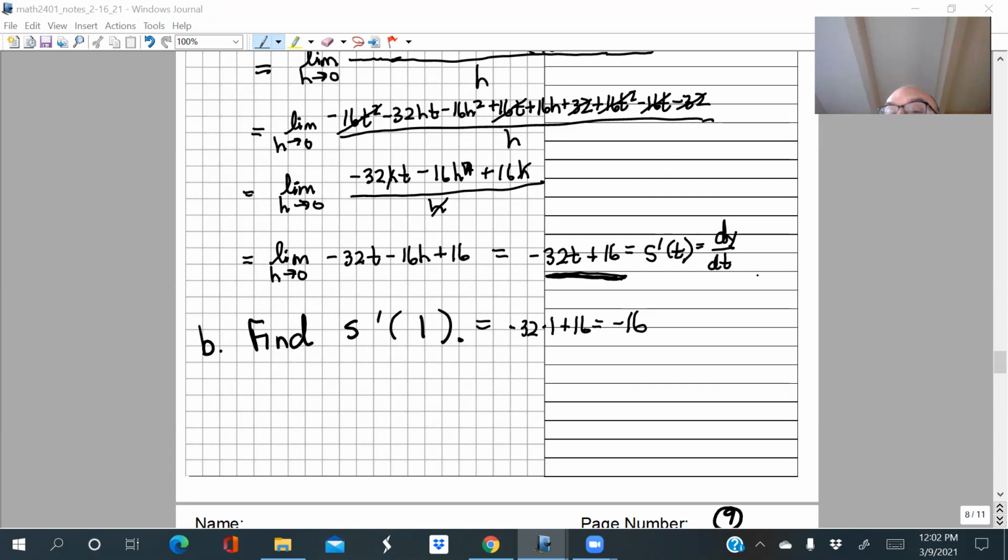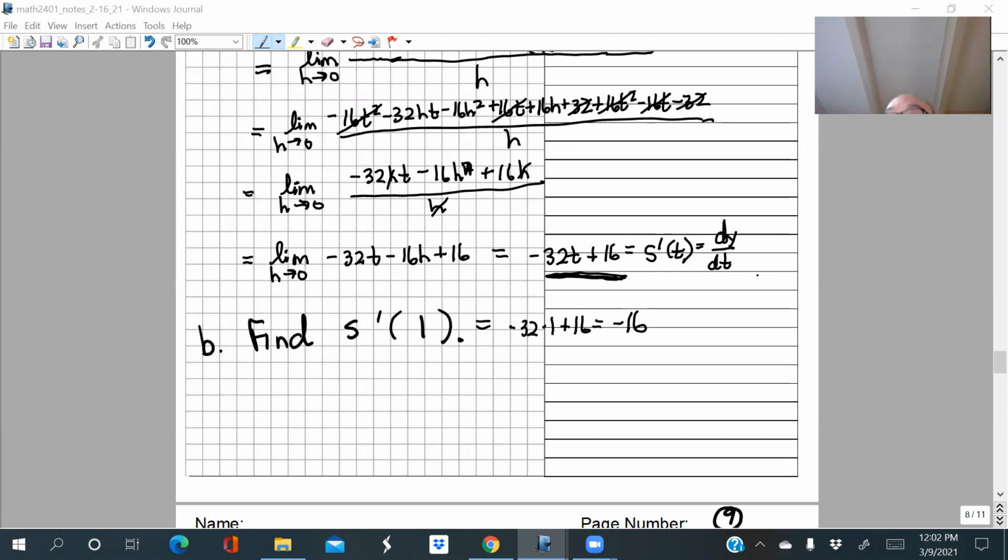Let me ask it even simpler for you, Daniel. After 1 second, is the diver going up still, or is the diver coming down to the water? Remember, initially the diver was going up because the initial velocity was positive 16 feet per second. So what's happening after 1 second? The diver is going down.